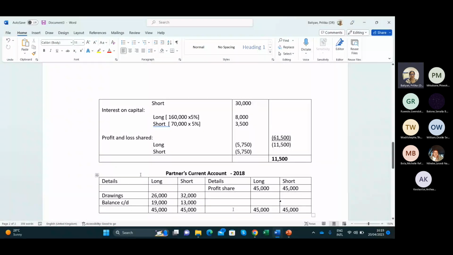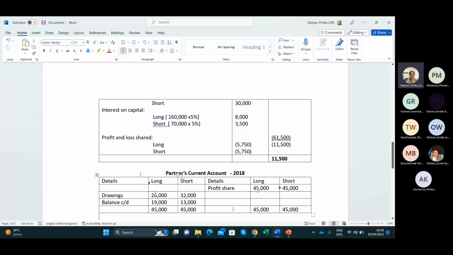So profit sharing is 45,000 for Long and 45,000 for Short. And then we subtract the drawings, the amount they have taken from the business. We do not write the capital in the current account, okay?